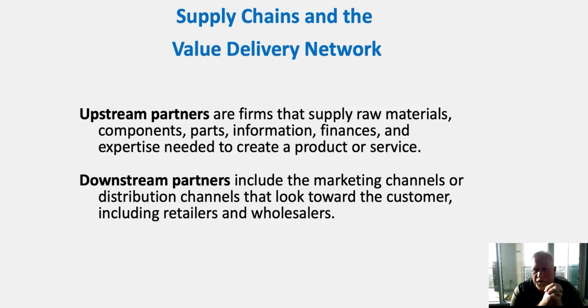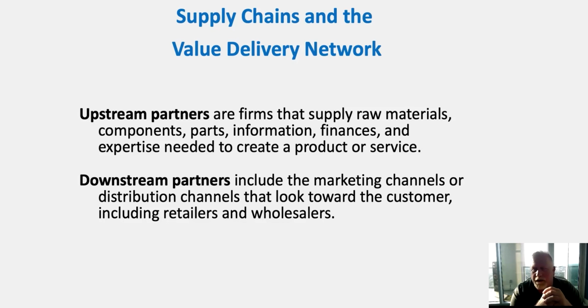Upstream partners are firms that supply raw materials, components, parts, information, finances, and expertise needed to create a product or service. So think about everything that goes into that product or service, from the raw materials to every component of that product, in order to actually produce, manufacture, or supply that product downstream to the marketplace. These are what's called upstream partners that happen within a marketplace.